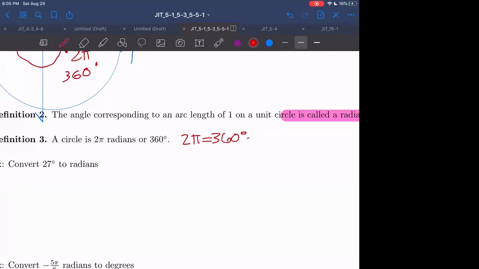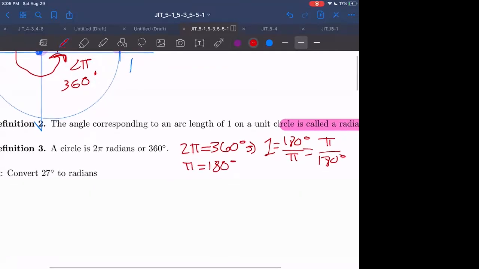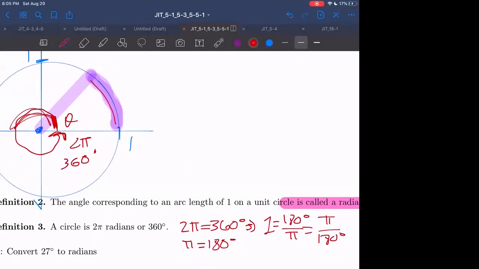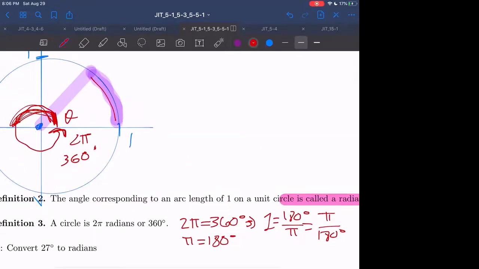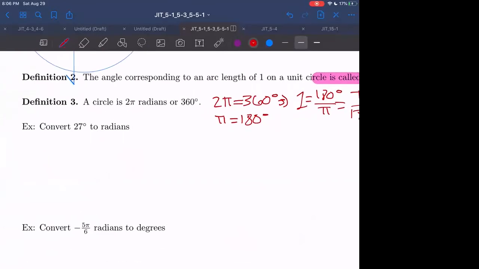So 1 is equivalent to 180 degrees over pi, or pi over 180 degrees, because pi is equal to 180 degrees, since that would be half of our circle. We can use this to convert from radians to degrees and back.